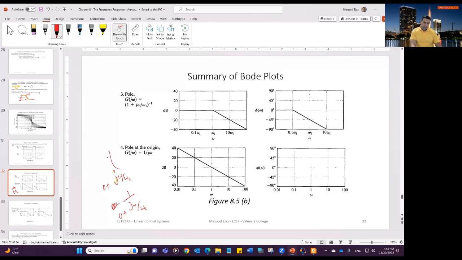So if you have a 0, then the magnitude is going to be 20 log omega over omega c.